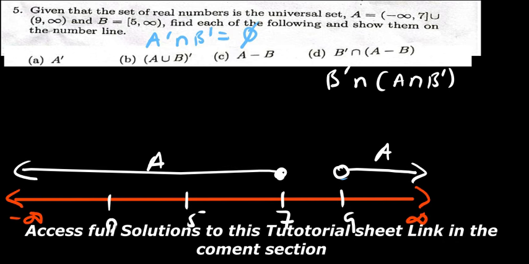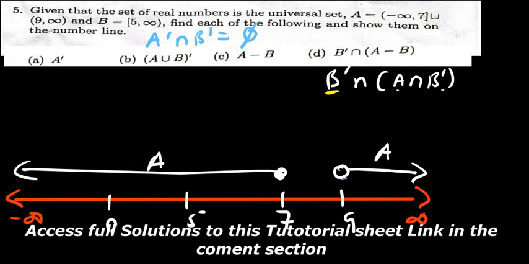Here we know there's what we call the absorption rule. There is B complement here, so the numbers that I'm going to have here, I intersect again with B complement. It's the same as just A intersection B complement. It's the same thing. Let me first write B complement. I'll show you something.